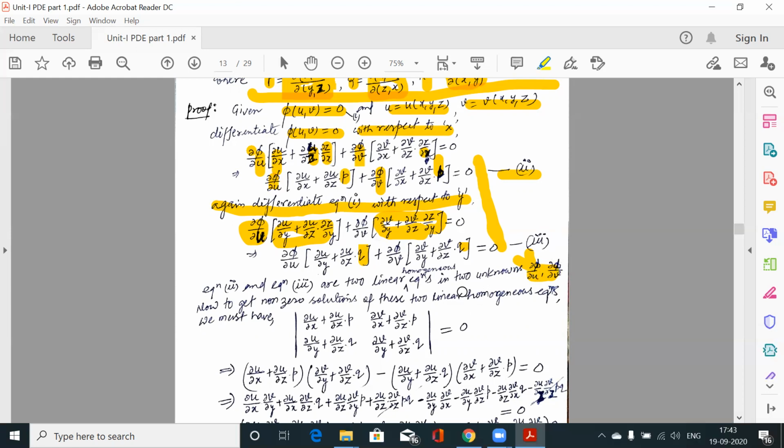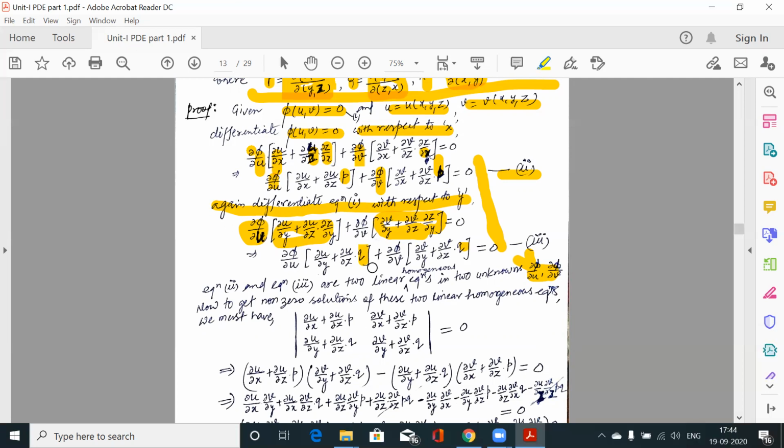If we want a non-zero solution of these two linear equations, if you remember the echelon form concept or the rank form concept, the homogeneous system will always have the zero solution. The homogeneous system will have a non-zero solution only when the determinant of the coefficient matrix is 0.